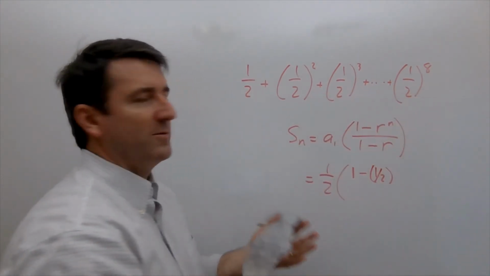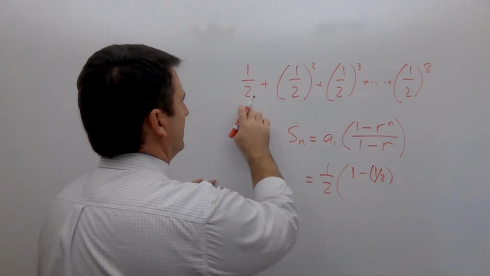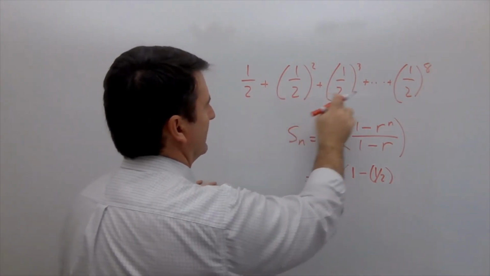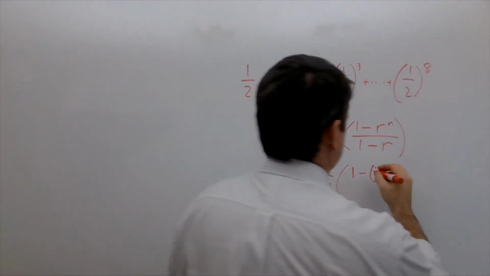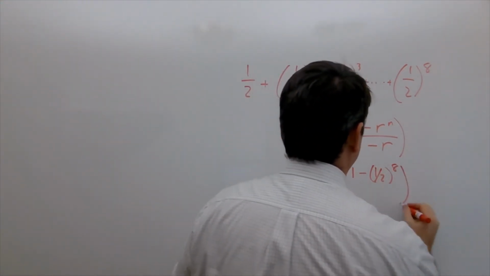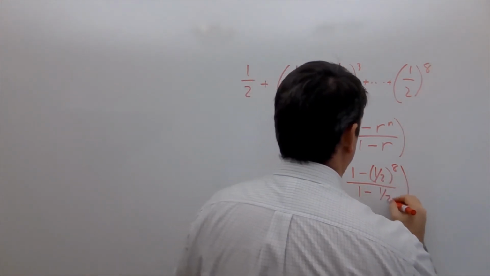So how many terms are there that we're trying to add up? Well, we can see here that this is 1/2 to the first, to the second, to the third, all the way up to the 8th. So that's going to be 8 terms. So this is 1/2 to the 8th power, and that's over 1 minus r, which is 1/2.